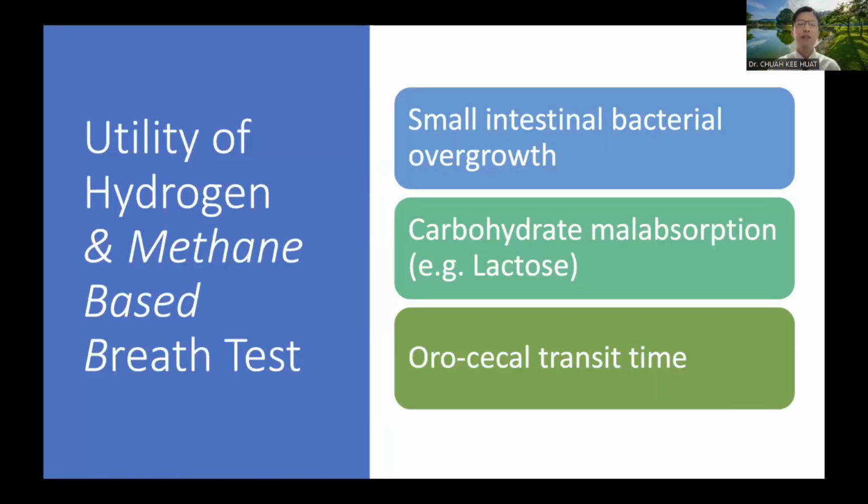So basically, the utility of hydrogen and methane-based breath tests is to diagnose small intestinal bacterial overgrowth, to evaluate for carbohydrate malabsorption, mainly lactose and fructose, and to test for the oral and fecal transit time.